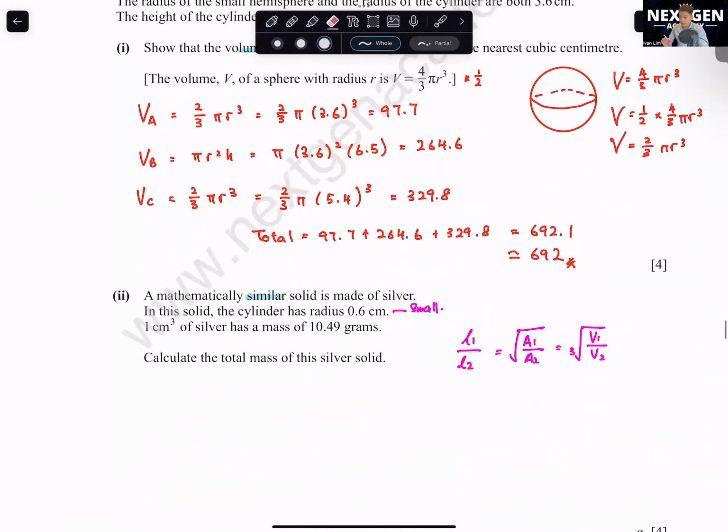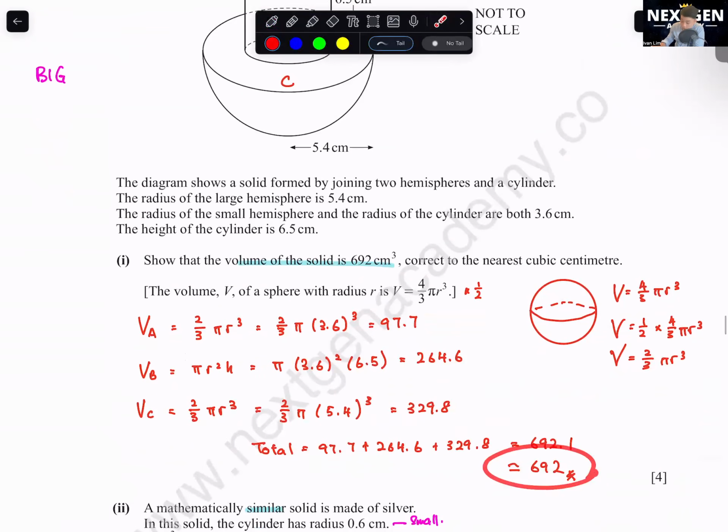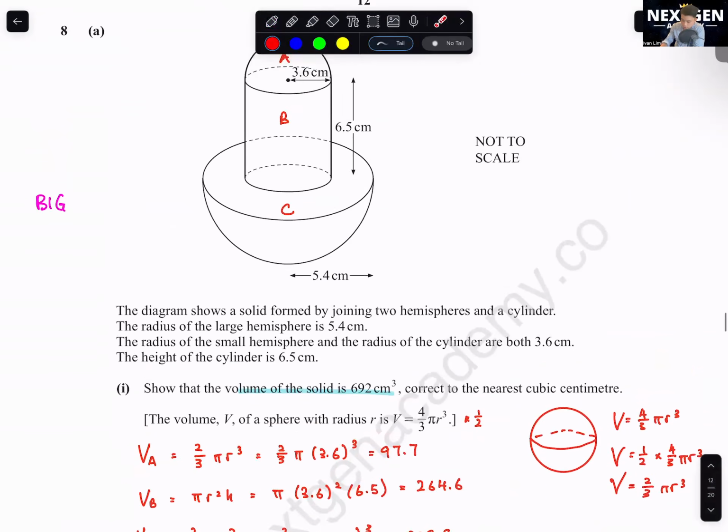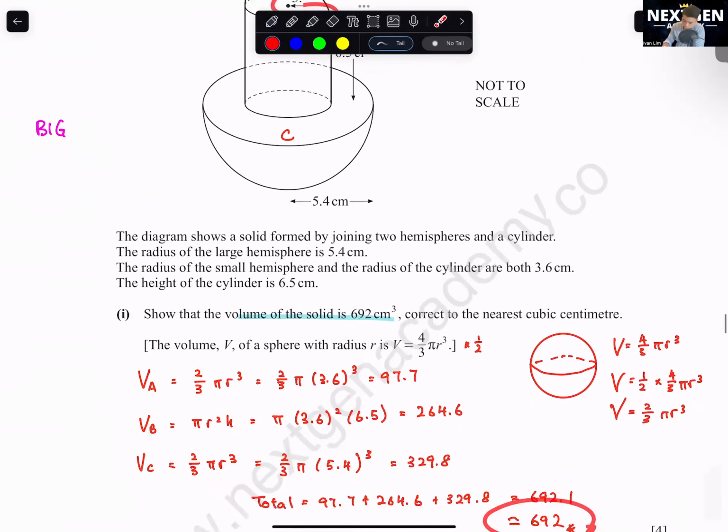So what information is given to us here? I want you all to write down, we'll put it as big and small. From the previous diagram, the volume of the big one is 692, and the radius they are using is the radius of the cylinder, which is 3.6.